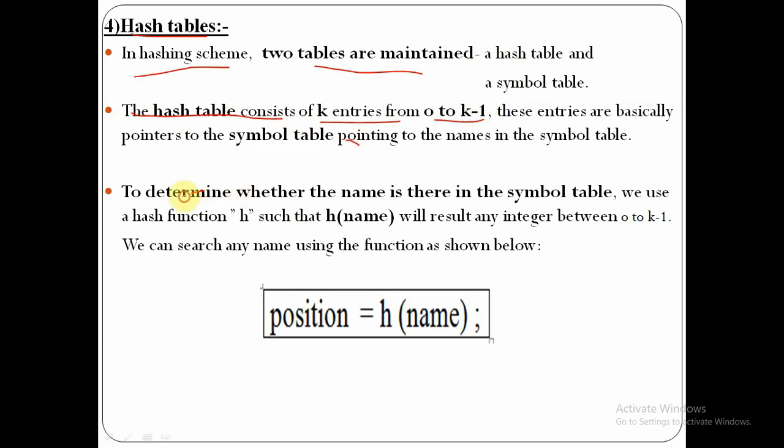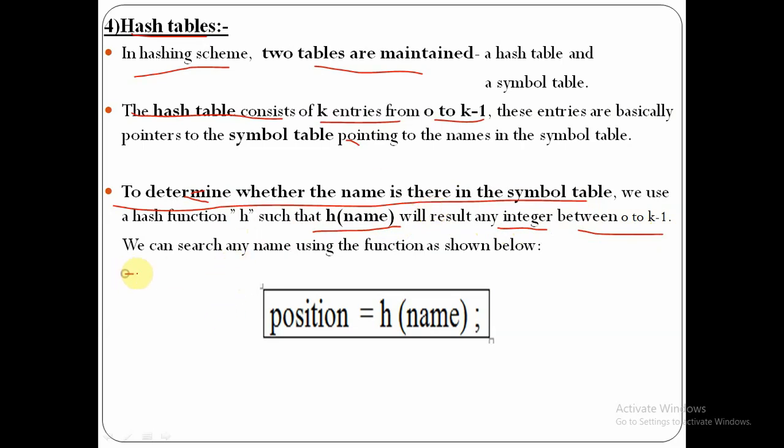To determine where the name is going to be stored in the symbol table, we use a hash function, h of name, that gives any integer between 0 to k minus 1 that points to a specific location in the hash table.